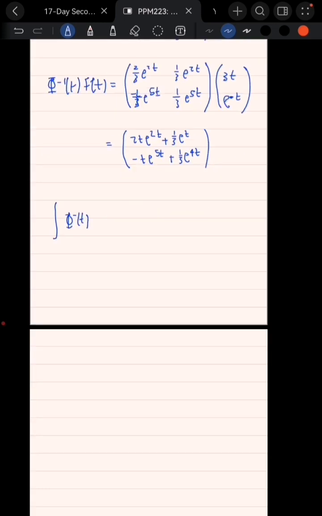Then the integration of this matrix multiplication is going to be equal to the integration of 2t e to the power 2t plus 1 over 3 e to the power t, minus t e to the power 5t plus 1 over 3 e to the power 4t, dt.